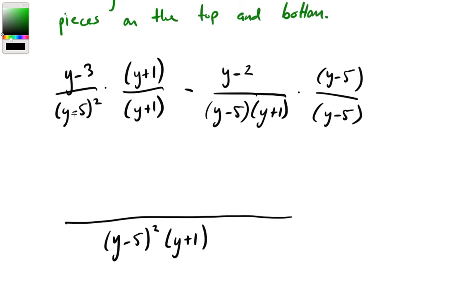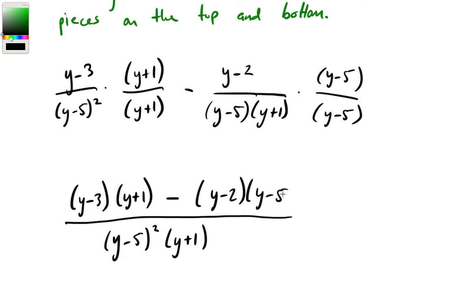So here we're going to have y minus 5 squared times y plus 1 in the denominator, and here we're going to have y minus 5 times y minus 5, so that's y minus 5 squared, also times y plus 1. And in the first numerator we have y minus 3 times y plus 1, and then we're going to be subtracting the product of y minus 2 times y minus 5.